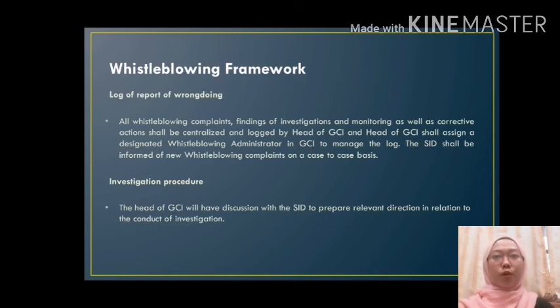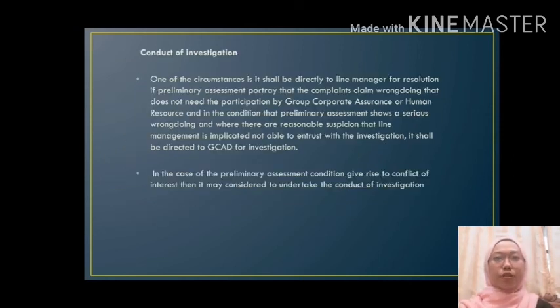procedure. The head of GCI will have a discussion with the SID to prepare relevant direction in relation to the conduct of investigation. Next is conduct of investigation. One of the circumstances is that it shall be directed to the line manager for resolution if the preliminary assessment shows that the complaint claims a wrongdoing that does not need the participation of group corporate assurance or human resource.